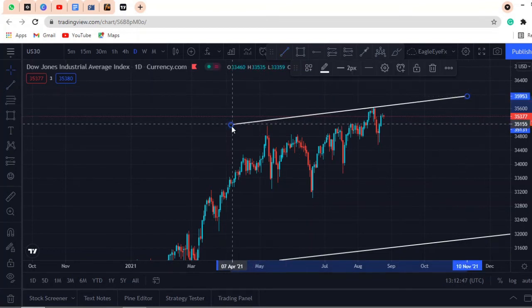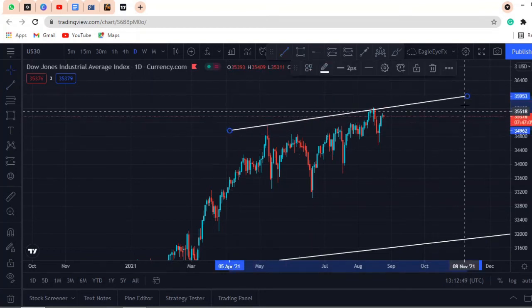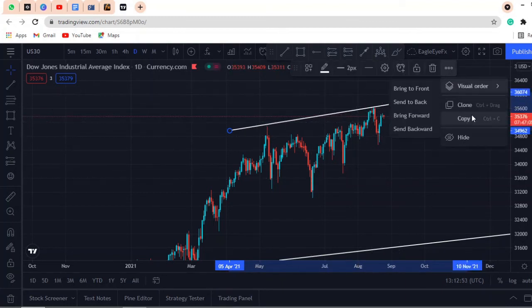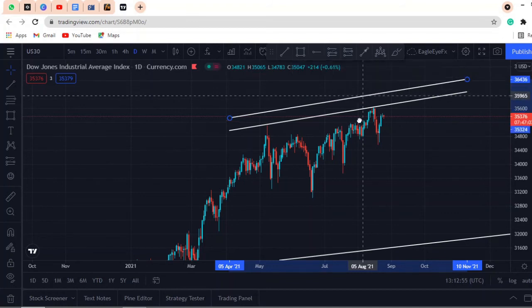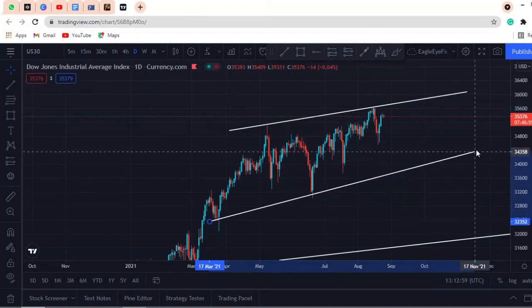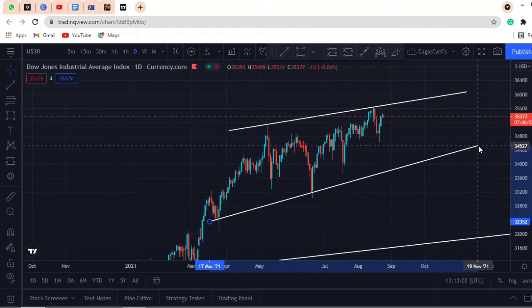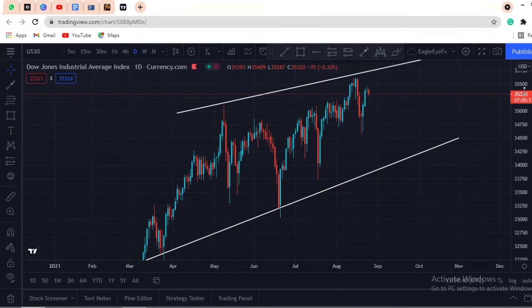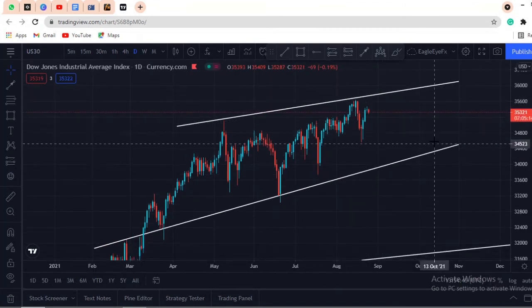Okay, there's that level over there, and also we can clone this and draw another level over there. Okay, so we have this trend line there, and then we have this one here.